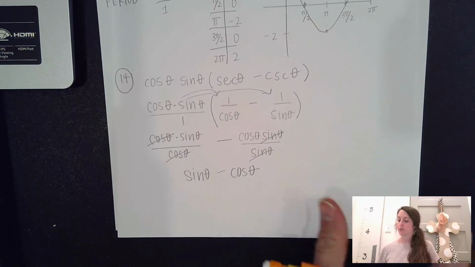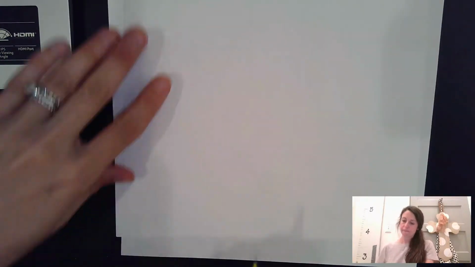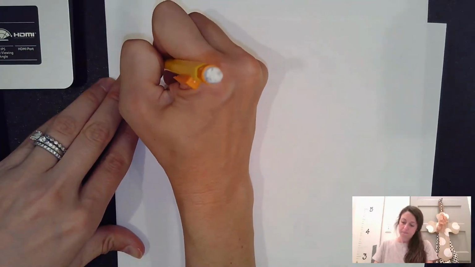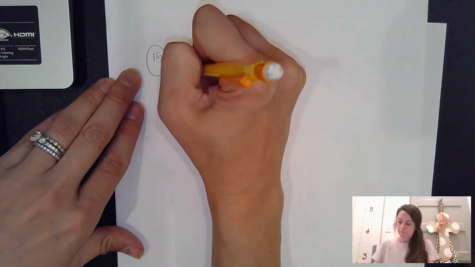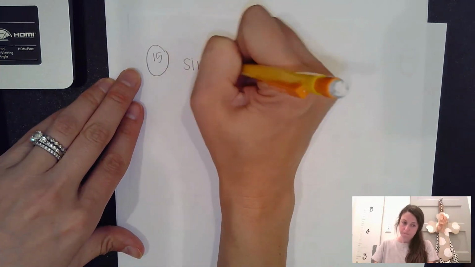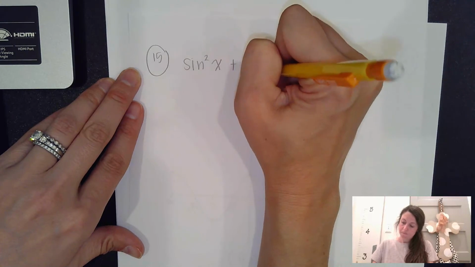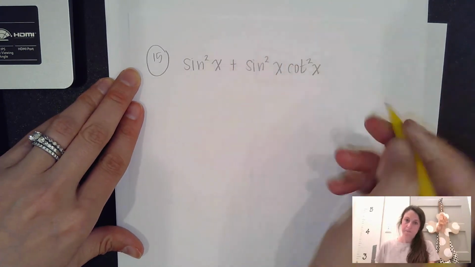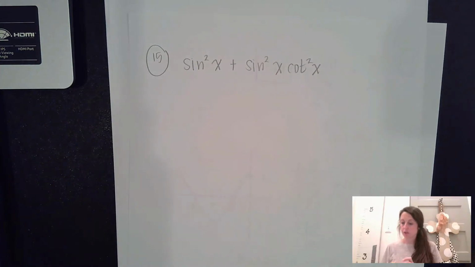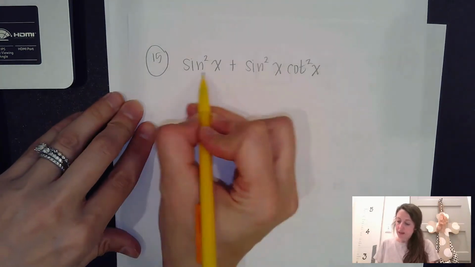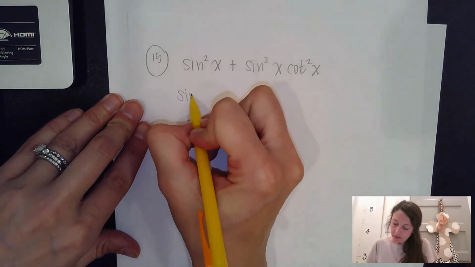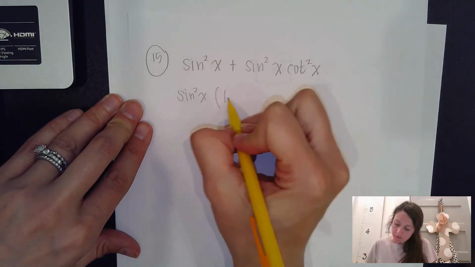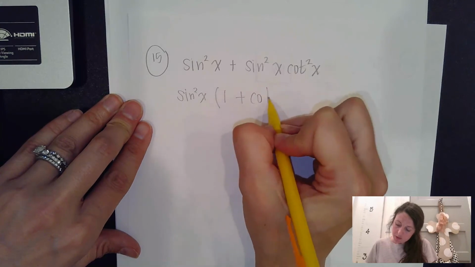Good deal. Let's do another one of those. So take a second and try to do this one. So for this one, I can factor. So I can factor a sine squared out. And I'll be left with 1 plus a cotangent squared.